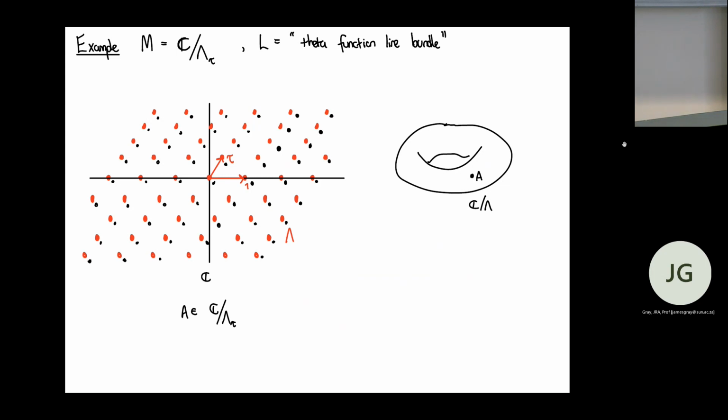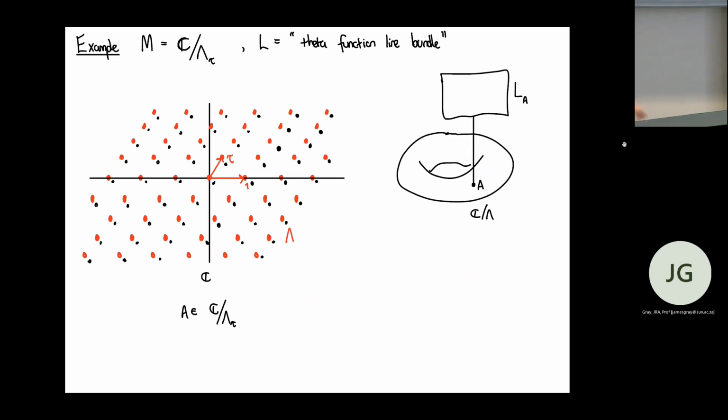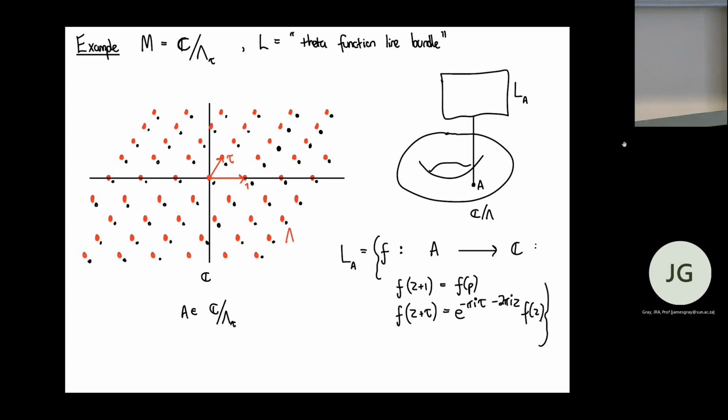All those black points together, that's a single point in the quotient space. And I have to associate a complex line to that. You think of that as being an orbit under this action of the lattice. But what complex line am I going to associate to this point? Well, it's sort of an ugly definition, but this just comes out of classical mathematics from the 19th century.